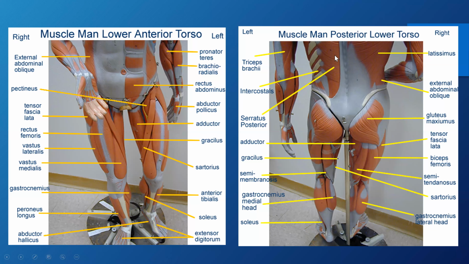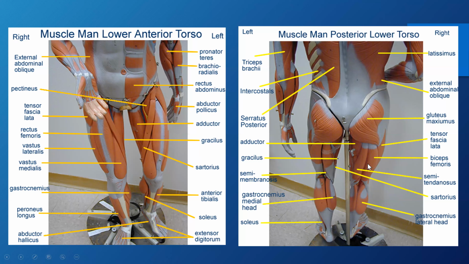Posterior view, right? So we still see some of the muscles of the back, like latissimus dorsi, serratus posterior, intercostalis. We see a little bit of triceps brachii, that's the muscle in your brachial region. So you see this gluteus maximus, then tensor fascia latae.